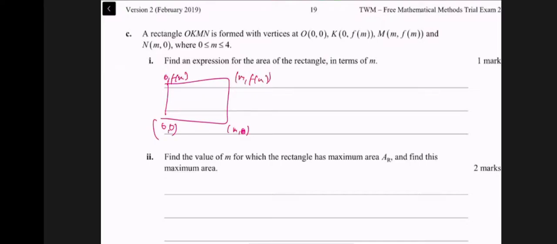So now you can visualize where the points they're talking about are. So this is 0, this is K, this is N, and this is N. So the area is just going to be M times f(M), because it's this, which is f(M), times this, which is M. So if you put M into the quadratic we saw before, it's just this.